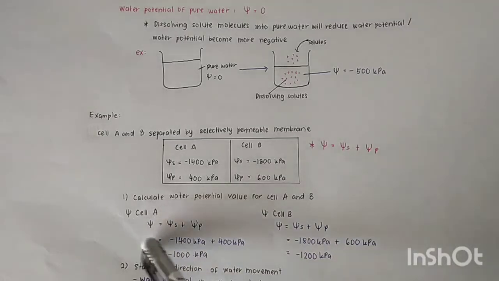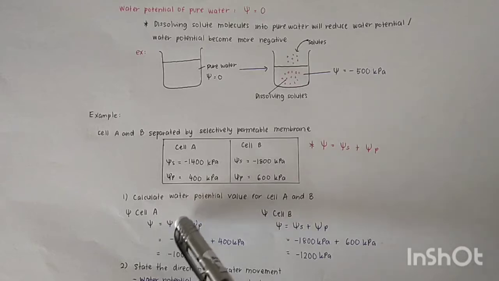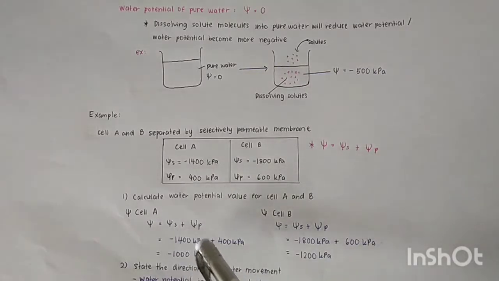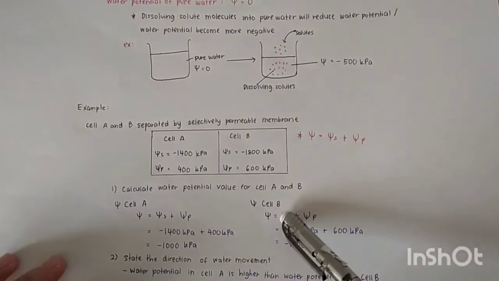So dah ada value dekat sini. Negative 1400 kPa plus 400 kPa, so you will get negative 1000 kPa. Okay, don't forget to write the unit. Unit mesti kena tunjuk.